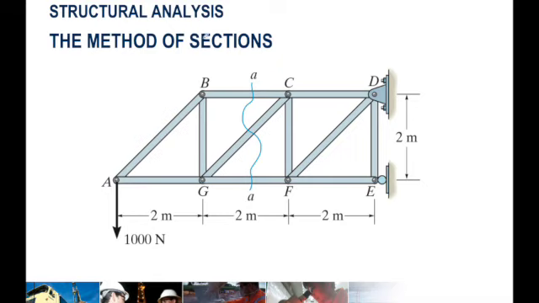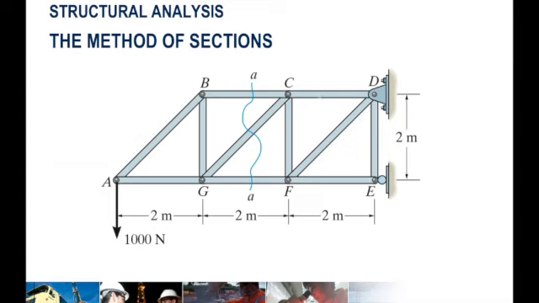But by applying the method of sections, you can pass a plane anywhere in the truss and do your equilibrium equations to solve the value of the force in these members. So that simplifies the calculation more. That's why we taught method of joints first before method of sections.